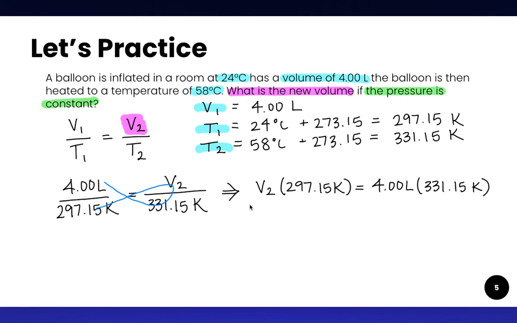Now, in order to get V2 by itself, we're going to divide both sides by 297.15 Kelvin. This will cancel out entirely, and it will cancel out the Kelvin unit on this side, leaving our final answer in liters. So at this point, I'm going to plug everything into my calculator and then write down what it tells me.